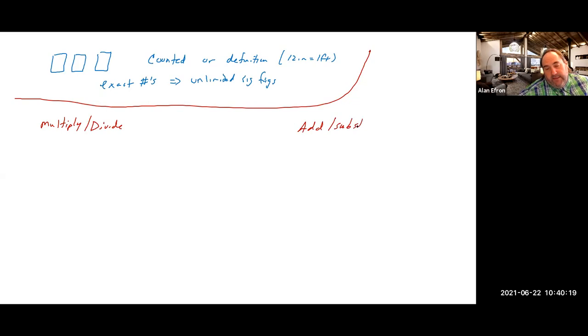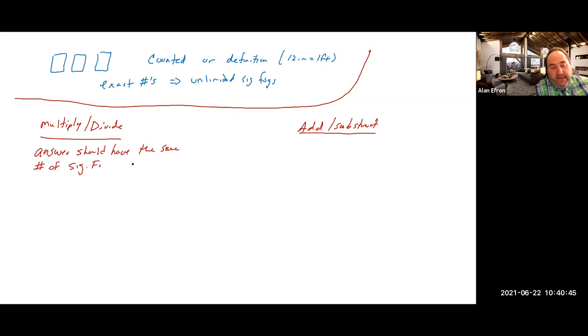These are the 2 groups. When we're dealing with how many significant figures our answers should have, when we multiply or divide, the answer should have the same number of significant figures as the number with the least number of sig figs.